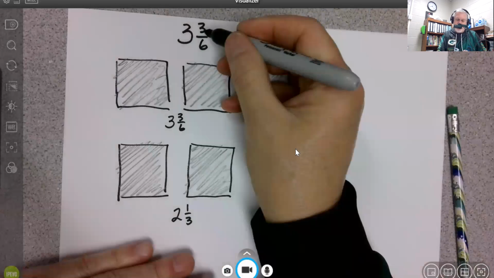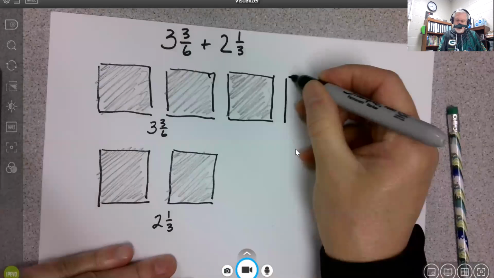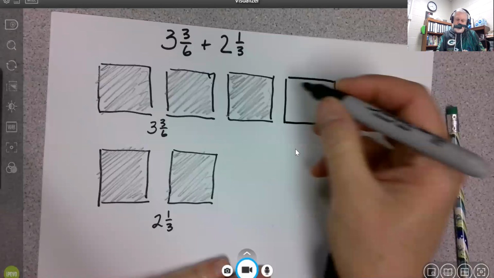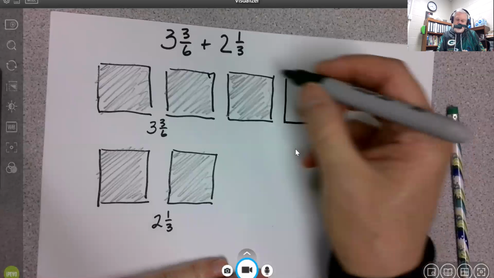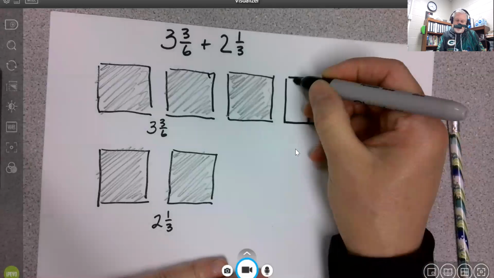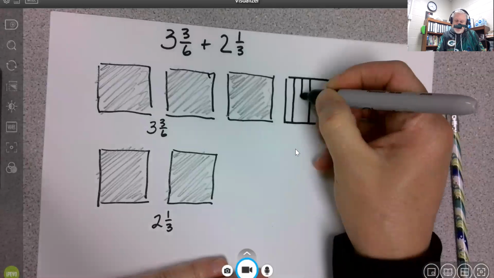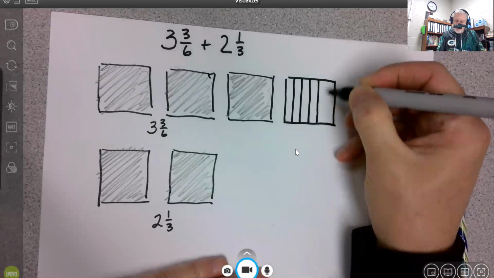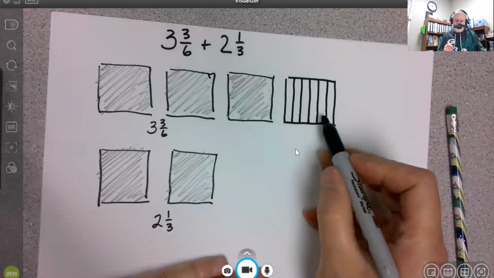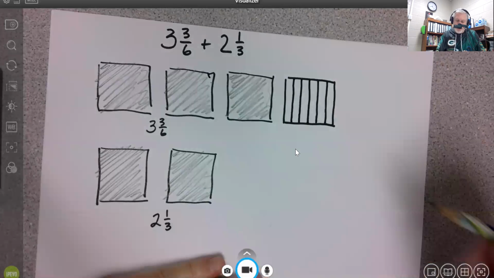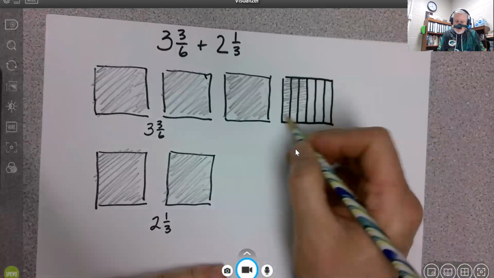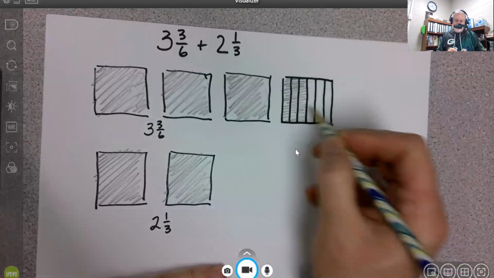Now I want to draw the fraction 3/6. And I want to draw them vertically. Well, I know I can cut 6 in half equally, so then there's 3 parts. So I wanted to have 3 parts on each side. 1, 2, 3, 4, 5, 6. And I want to shade in 3 of those because it says 3/6. Okay.